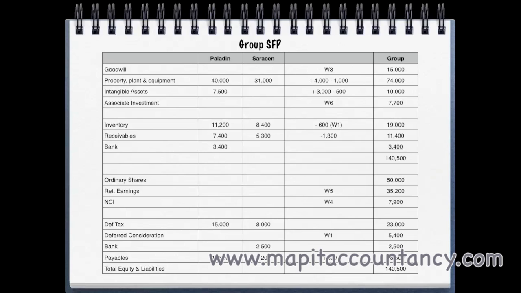So that is how we go about preparing a statement of financial position. Once you've used this technique to do several questions, it's very, very easy to do. You just need to do it quickly and be robotic in doing your 5 workings, looking for any other adjustments, then closing it all off and preparing a statement of financial position.